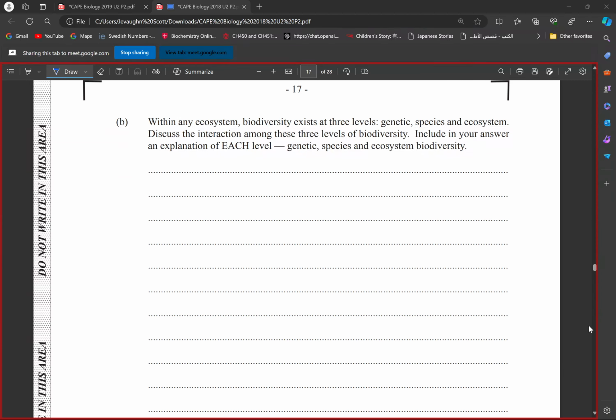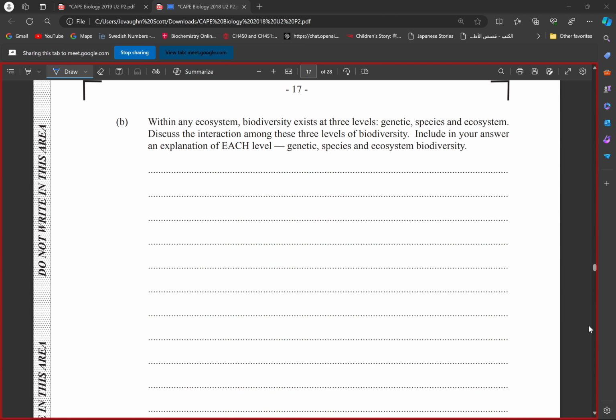While genetic diversity within species enhances their ability to thrive within those same habitats that ecosystem diversity provides. So the three of them interact to maintain the balance and I would say the stability, resilience, and resistance of the ecosystem itself, contributing to the overall health of the environment. So I would just talk about something like that.